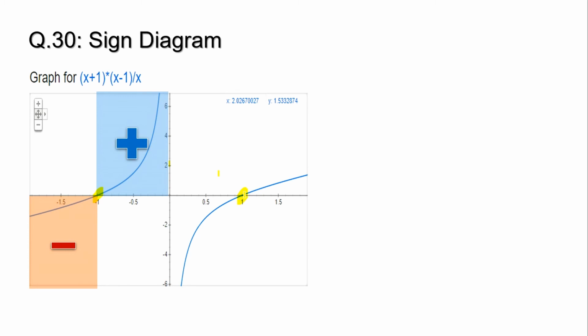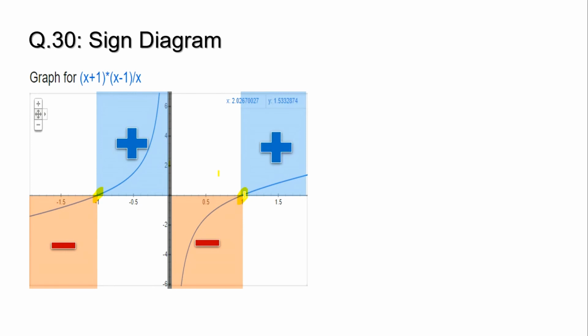If you extend the graph, this region here is actually a vertical asymptote, meaning the curve will go to infinity without touching the y-axis. Then in between 0 and 1, the y values will be negative. When x is greater than 1, y values will be positive.